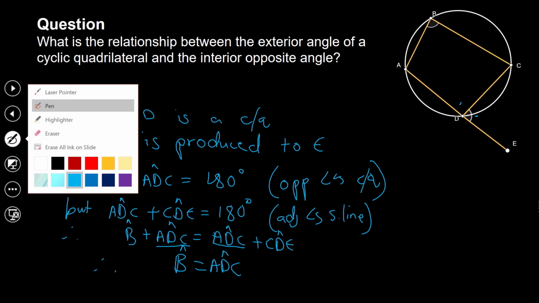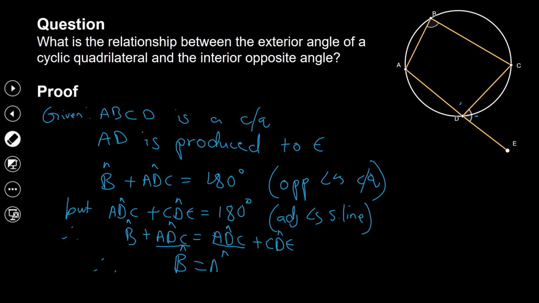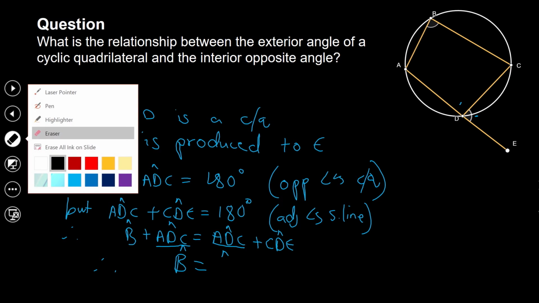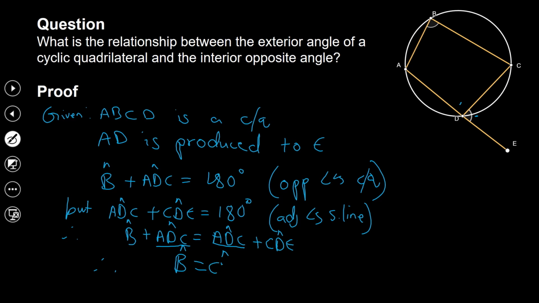So I'm not writing the correct thing there, sorry. Angle CDE. So what am I trying to say? This angle here and that angle there are going to be equal to each other. Because it's a cyclic quad, these two angles here are supplementary to each other.